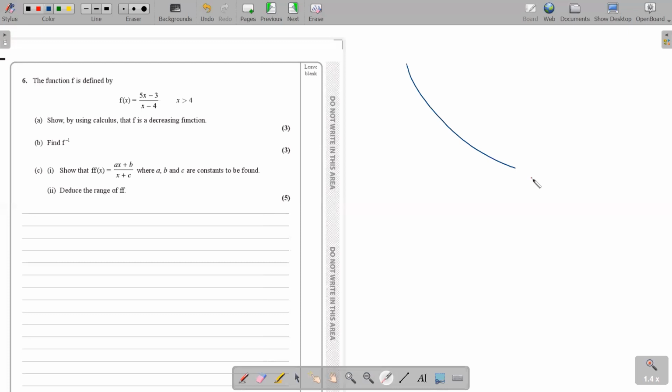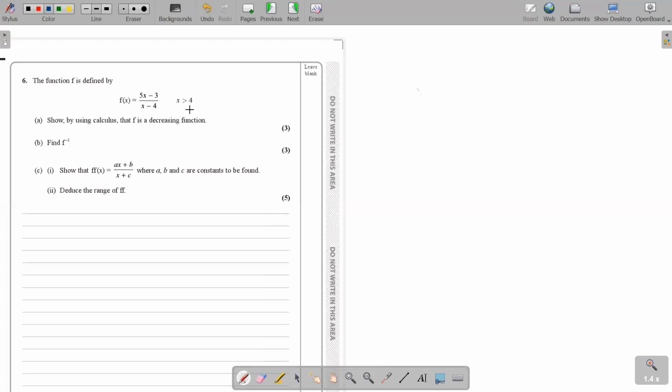That means your y values are increasing. While if your f'(x) values are negative, or your gradient is negative, it means the y values are decreasing. Okay, so that's the rule. This is something you even learn in P2. So they are asking you to show by using calculus that f is a decreasing function, which means for all x values, your y values are decreasing continuously.